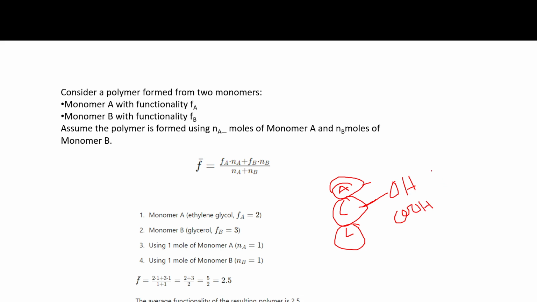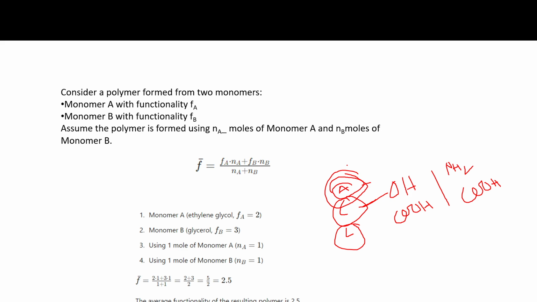If you want to synthesize an amide type of bond, you need two functional groups like amine and acid group, making the peptide bond, or you can call it the CONH amide bond. Any condensation polymerization reaction involves two functional groups, but in addition polymerization there is no functional group involvement.